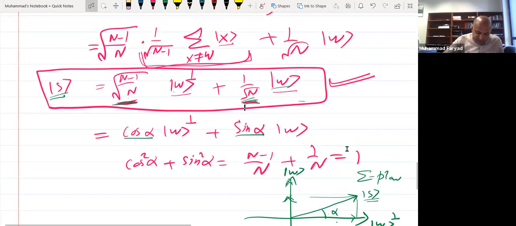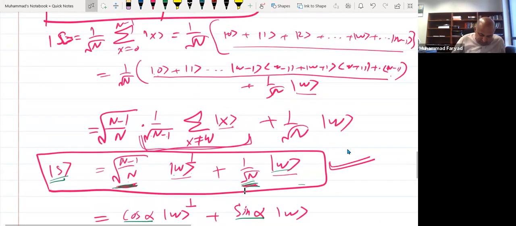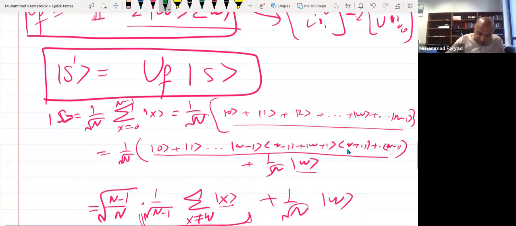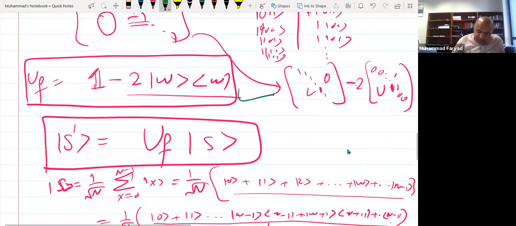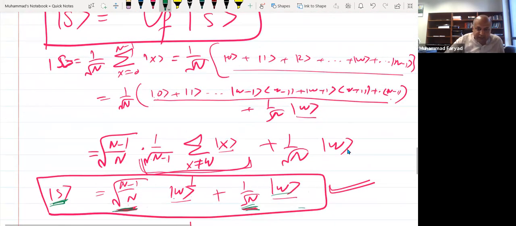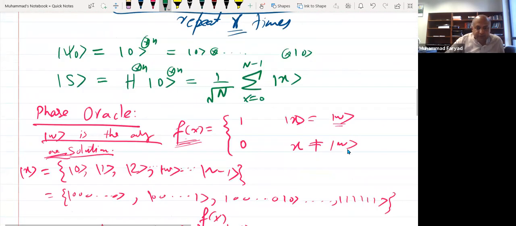Okay, so now I have written my S state in a certain way. Let me operate this phase oracle UF on my state and get state S prime.